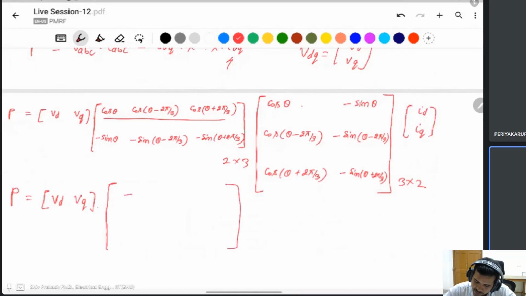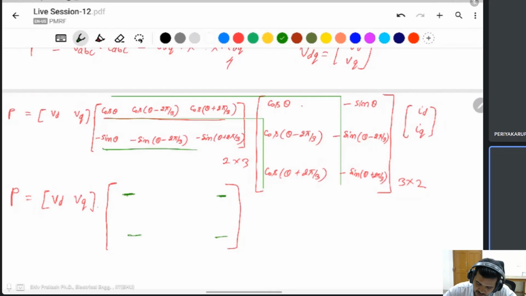Similarly, this multiplied by this is written here, and so on. If you multiply and solve this, you get 3 by 2, then 0, then 0, and then 3 by 2.